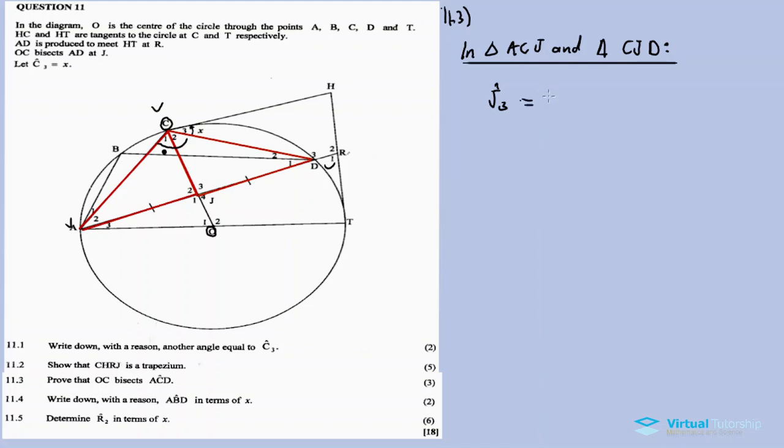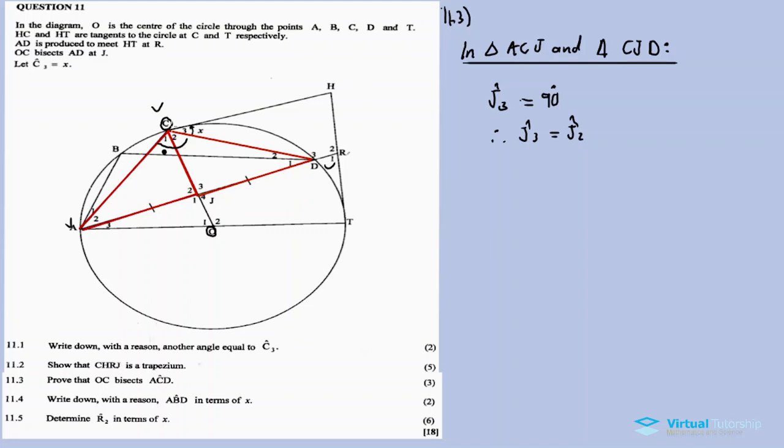J3 is equal to 90 degrees. Therefore, angle J3 is also equal to angle J2. That makes J2 90 degrees as well. Because of the 90 degrees, it's still good.